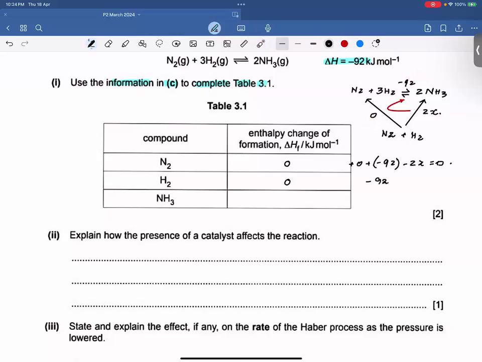Then minus 92 minus 2x equals to 0. Then x equals to how much? It's going to be 92 divided by 2, which is 46. So it's basically minus 46 kilojoules per mole.